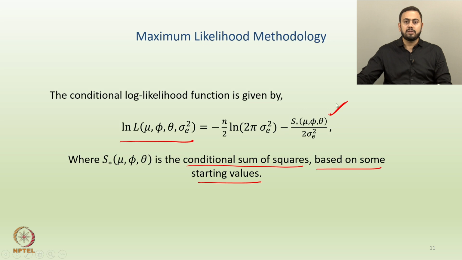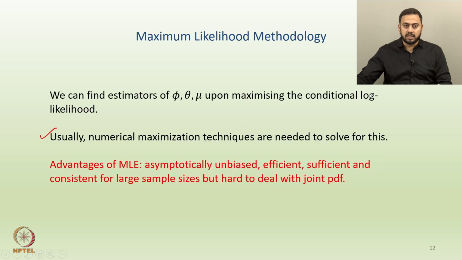So how do you write down the log likelihood, how do you maximize that, and then a few advantages of MLE. Once you find the MLE, this estimator is asymptotically unbiased, efficient, sufficient and consistent for large sample sizes, right. But then again you have a problem, that it becomes slightly difficult to deal with the joint PDF, because likelihood is nothing but a joint PDF.